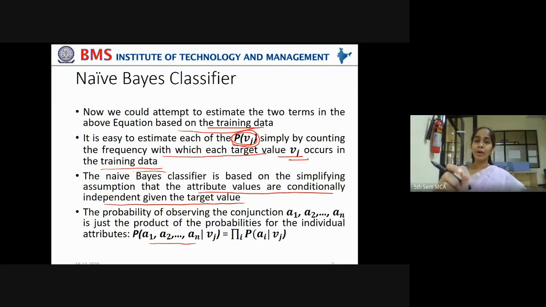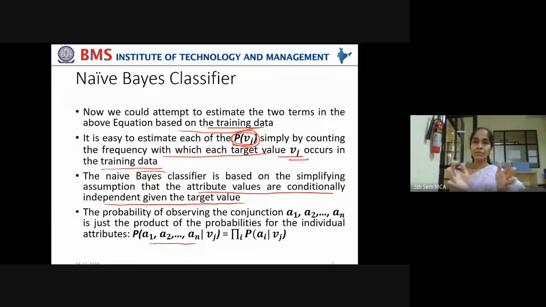Remember, you always have some assumptions associated with every learning model. You have seen that there are assumptions associated with the decision tree algorithm. There are assumptions associated with neural networks. Here also in the naive-Bayes classifier, you have an assumption that the attribute values are conditionally independent of the target value.